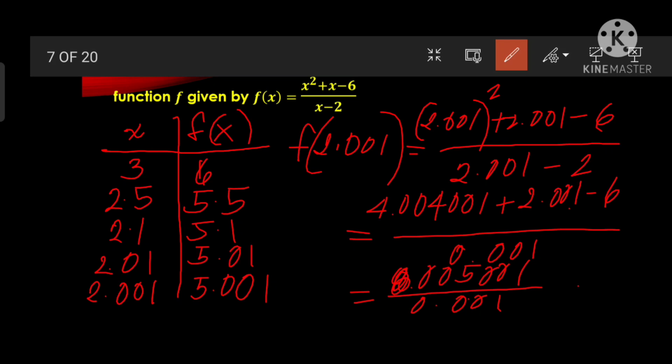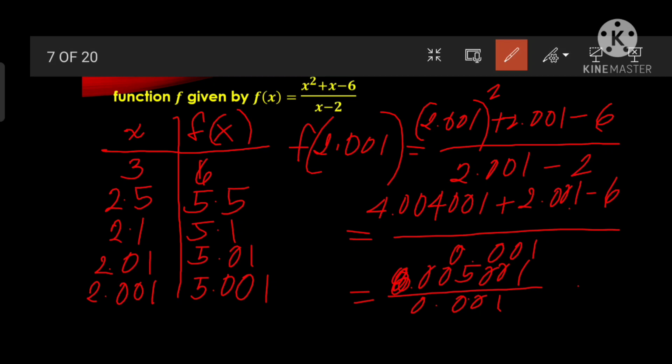Okay, so let's observe. Similarly, we can see that as x becomes closer and closer to 2, this time values from the right of 2, f becomes closer and closer to 5. The difference of the values of f and 5 becomes smaller and smaller as the difference of the values of x and 2 becomes smaller and smaller as well.